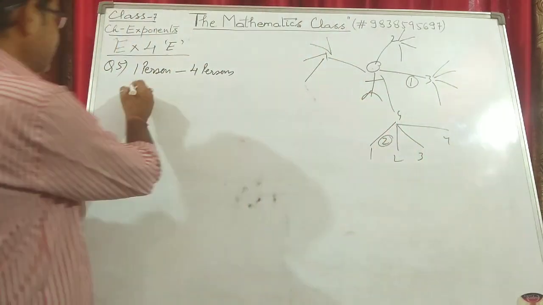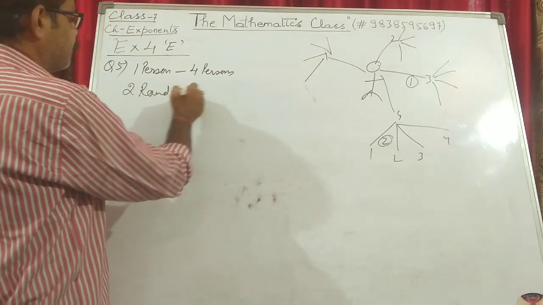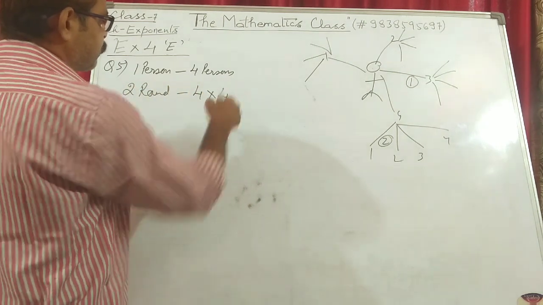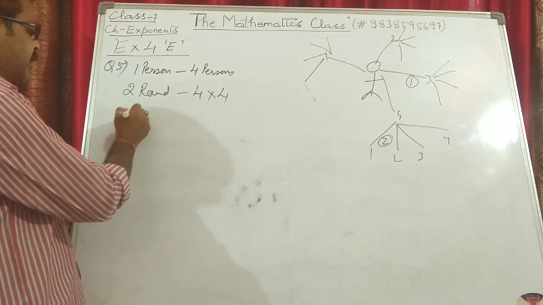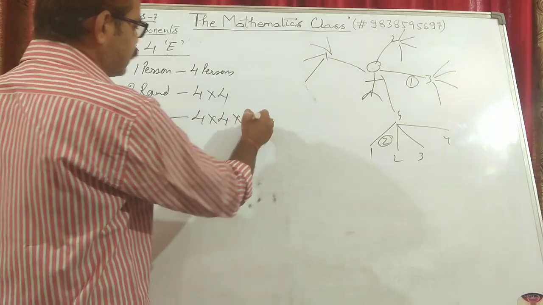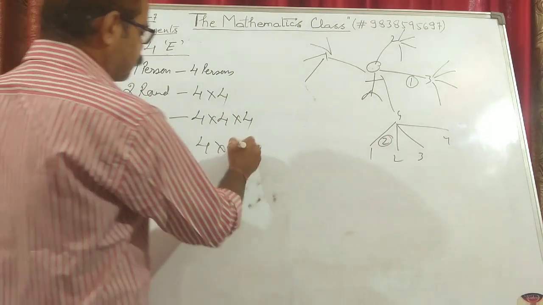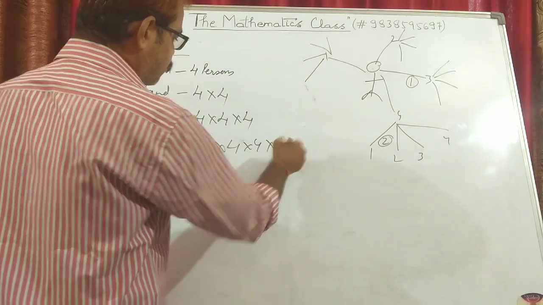Means in second round, 4 persons will be contacting 4 more. Similarly in the third round, 4 will be by 4, and again these by 4. In fourth round, 4 persons, 4, 4, again by 4 persons.